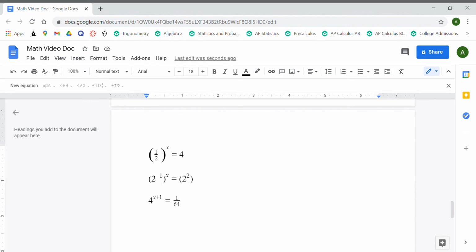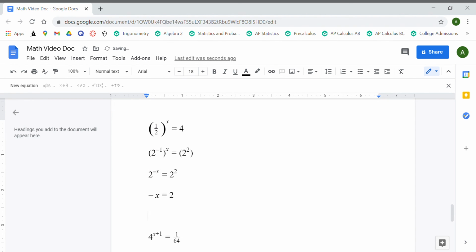Now we use the power of a power property, and we will get 2 to the power of -x equals 2 to the power of 2. We set the exponents equal to each other and we get -x equals 2. Divide both sides by -1 and you get x equal to -2. Pretty interesting, right?